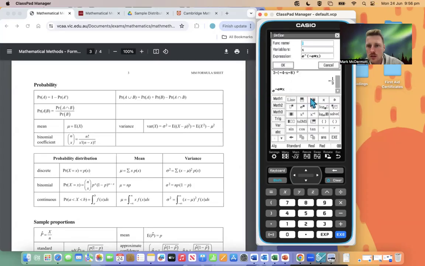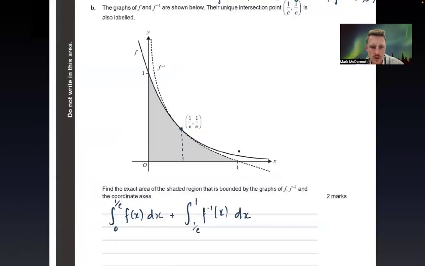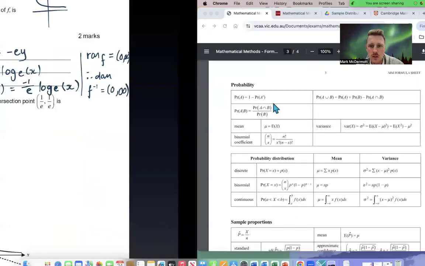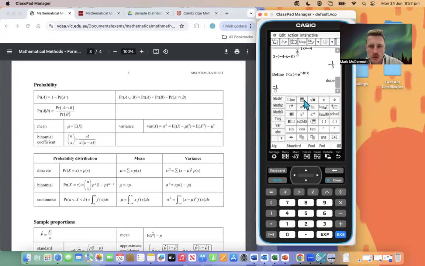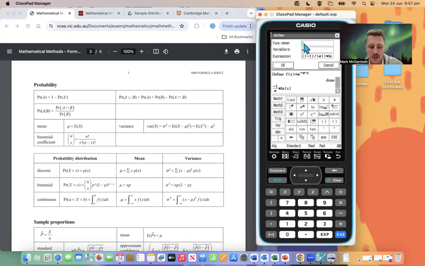Let's define that as f of x. Okay, g of x is going to be f inverse of x, which is -1 on e log e of x. ln of x, right? So let's define that as g of x.